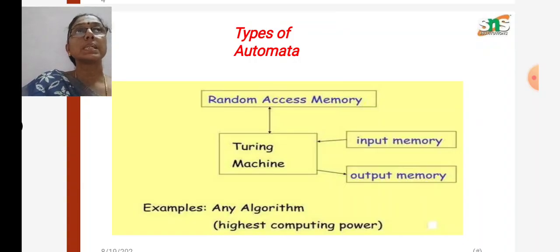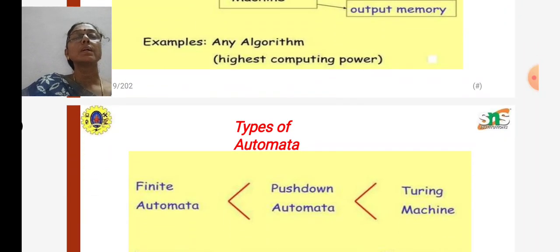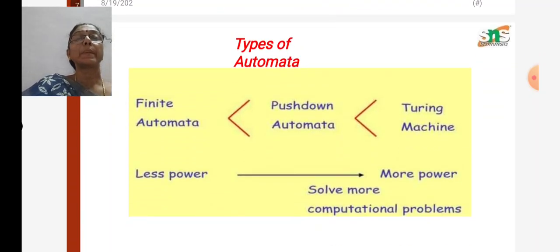For example, robotics and some applications requiring the highest computing power use the Turing machine. So based upon memory, finite automata requires the least memory, push-down automata requires more, and the Turing machine requires the most memory.